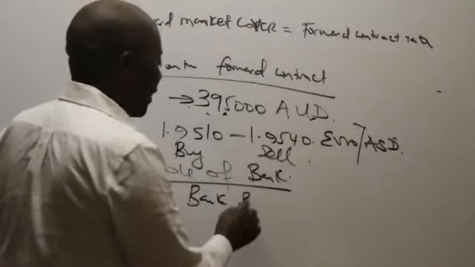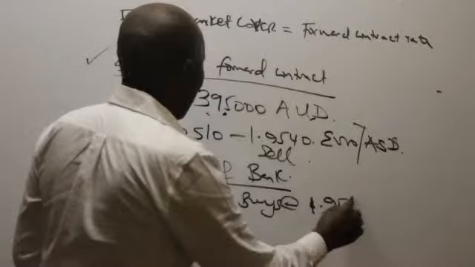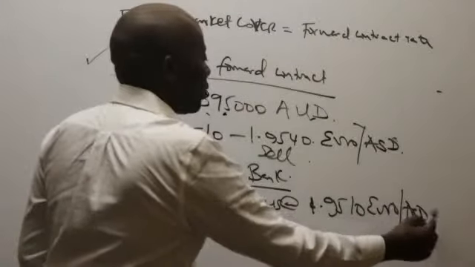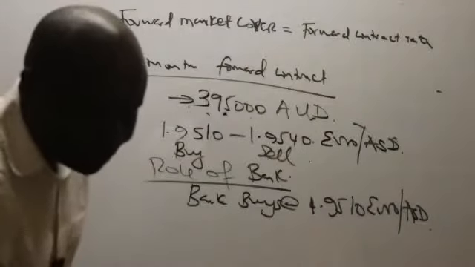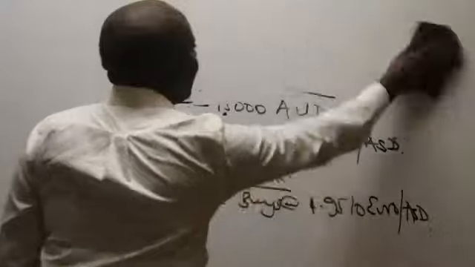So bank buys at what rate? At 1.9510 euro per AUD. So please go ahead and exchange for us. Go ahead and exchange for us.